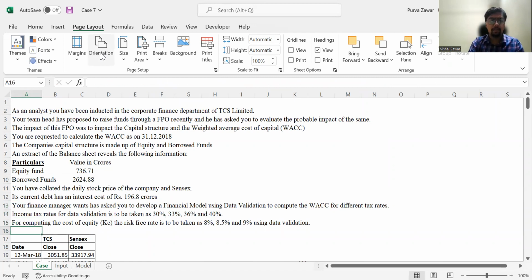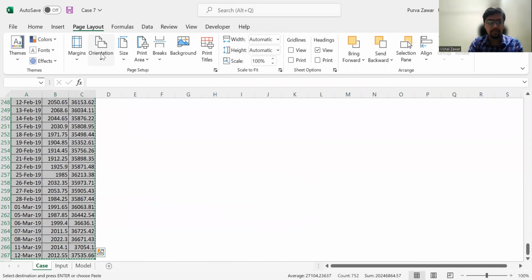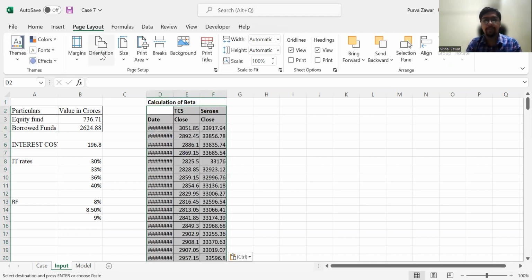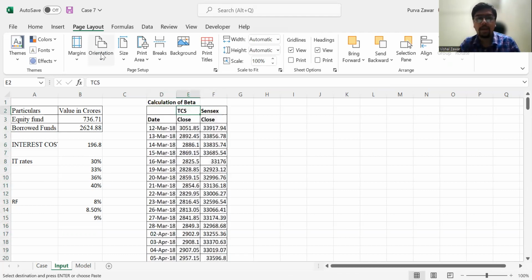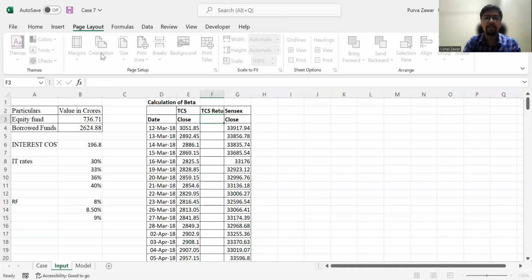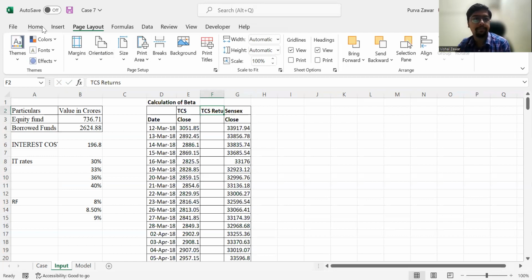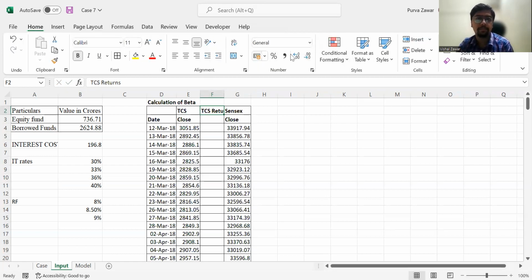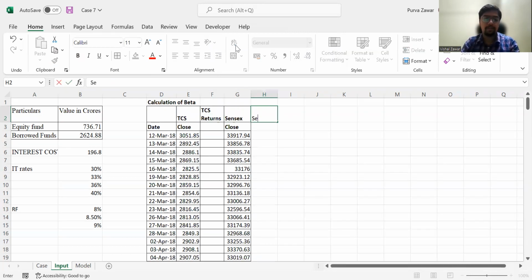You can just copy this entire chart. This is for 1 year. You can paste it over here. I'm adding two columns to this. One is TCS returns. Another one is Sensex returns. Sensex is market.